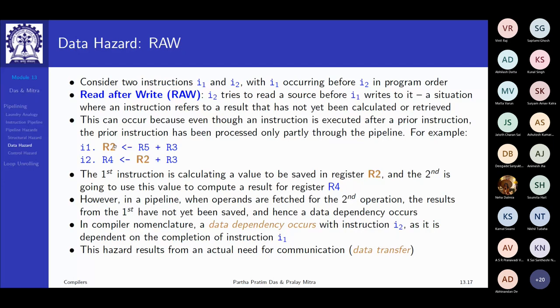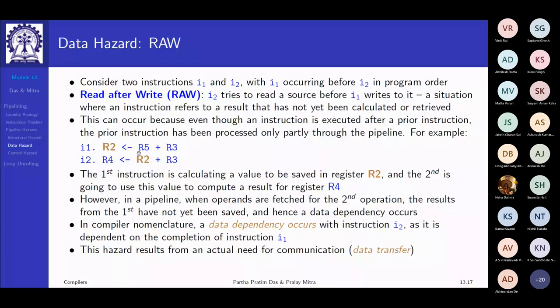and look into this I1, R2 will be written in the write back stage. But this addition of R3 plus R5 will happen in stage 3, the exec stage, right? So the ALU will already have that value. It is just that after the ALU has that value, there is a memory cycle where nothing happens for this case, and then there's write back. Only then will it come to R2. So what if we do a shortcut?